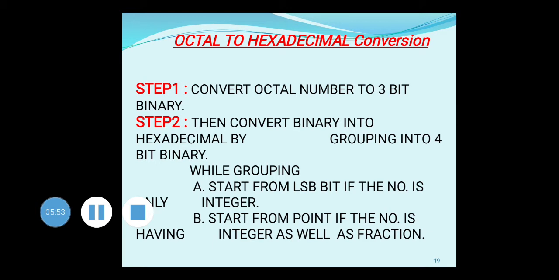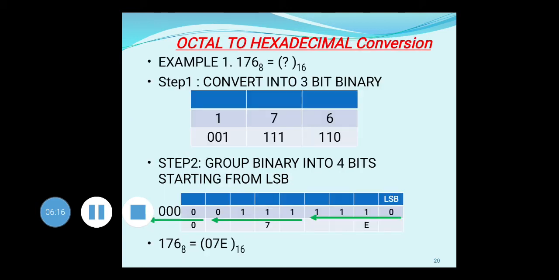For the fractional part, start from the point and start 4-bit grouping, and while ending, if you don't have 4 bits, then add zeros. You will understand this properly when we solve one example.